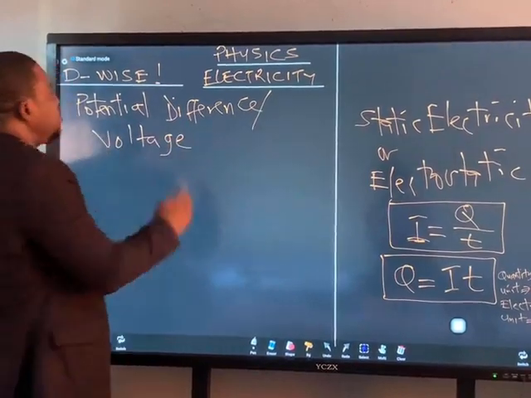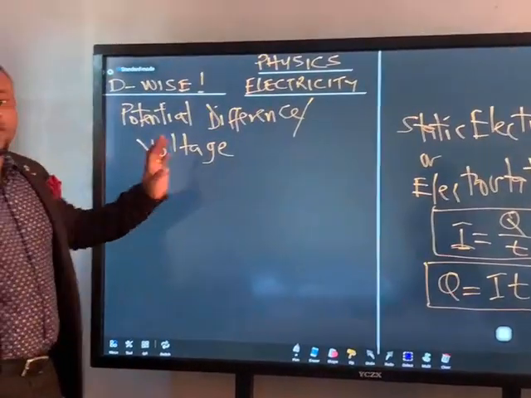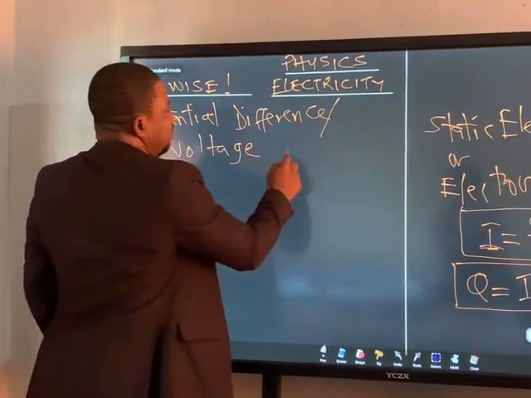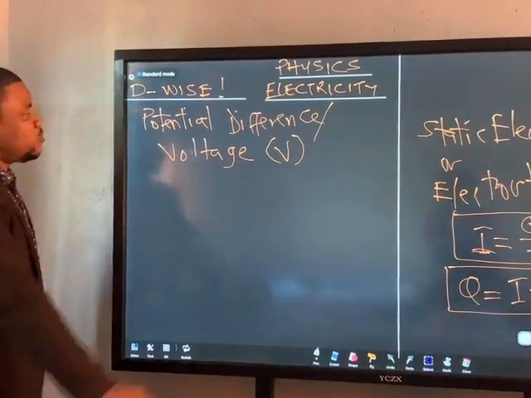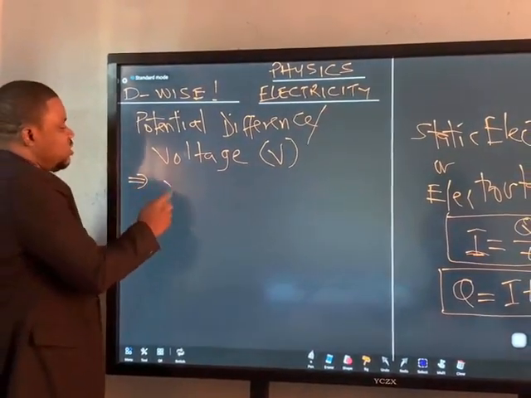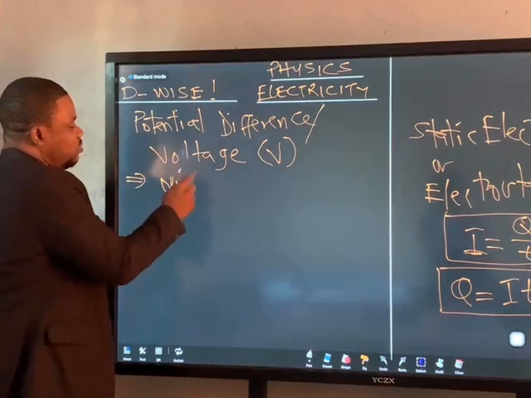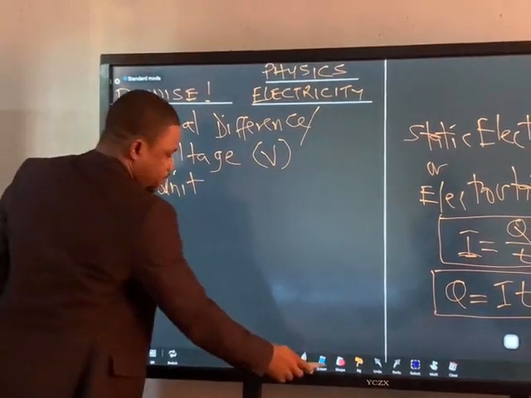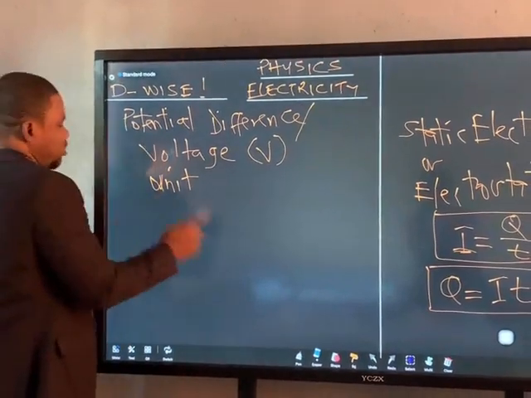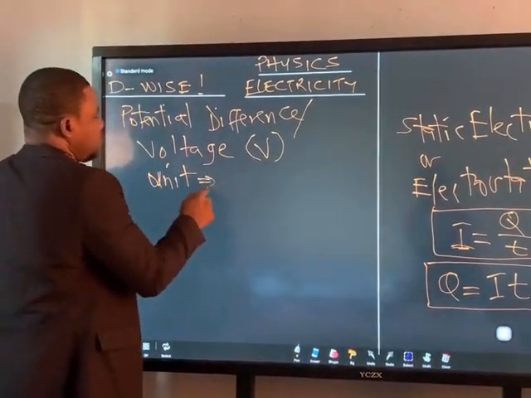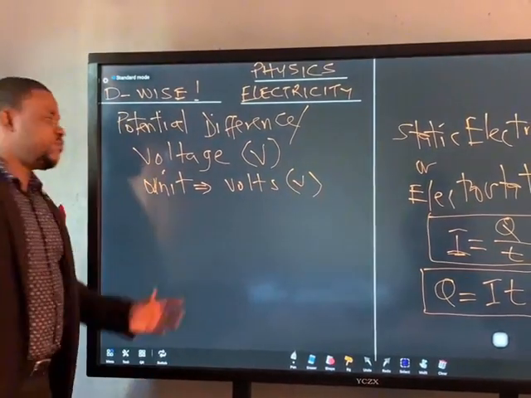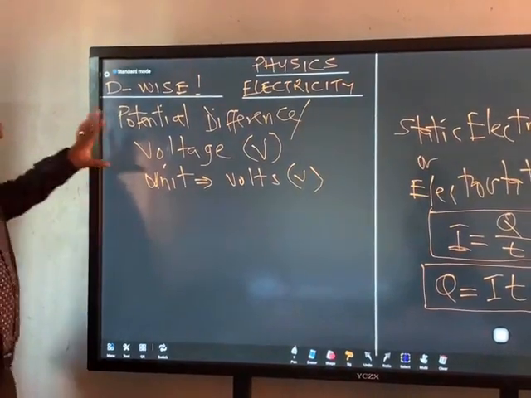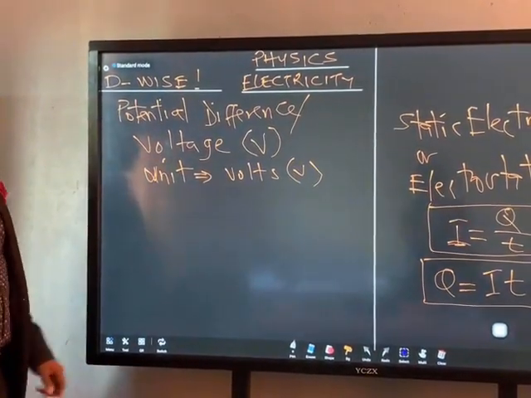Potential difference, PD, or what now? Voltage. And the symbol is capital letter V, right? And the unit of voltage is volts.